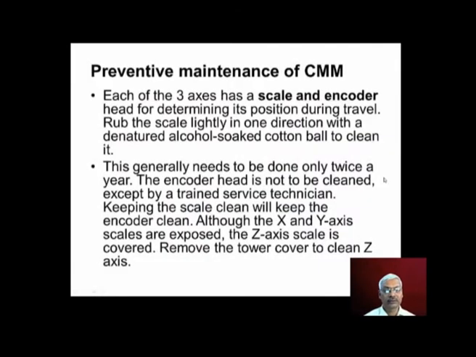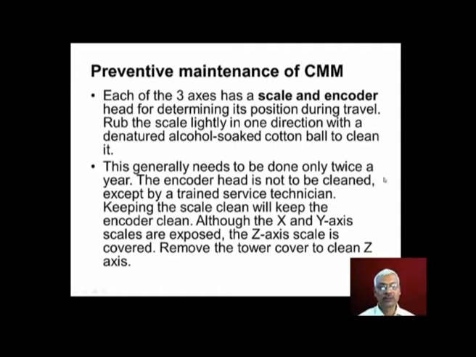Now let us discuss how we can carry out preventive maintenance on coordinate measuring machines. Each of the 3 axes of CMM has a scale and encoder head for determining its position during travel.